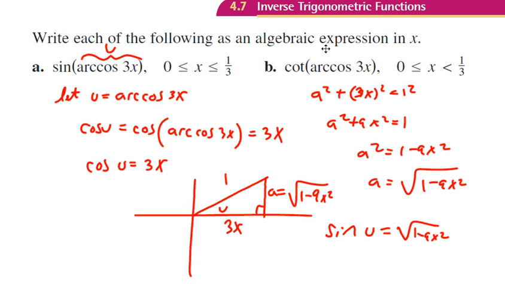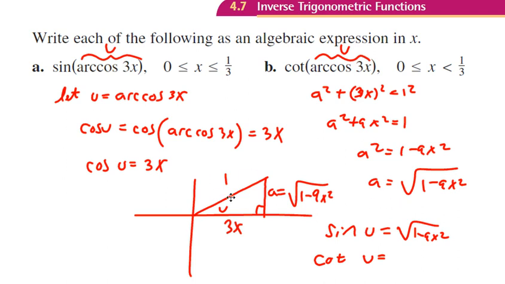Now, if we look at part B, notice how what's inside our parentheses is the same setup. So if you were to start all over again, you would get the exact same right triangle. Okay, and so if I replace this right here with u, the only thing I need to do is find the cotangent of u. And let's remember here, cotangent is the reciprocal of tangent.